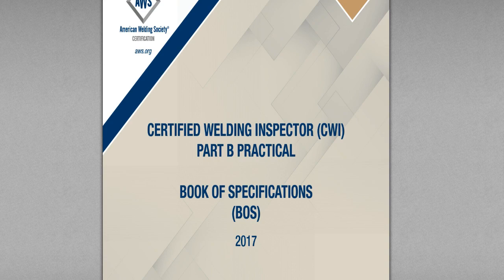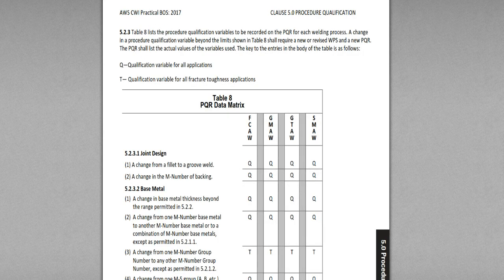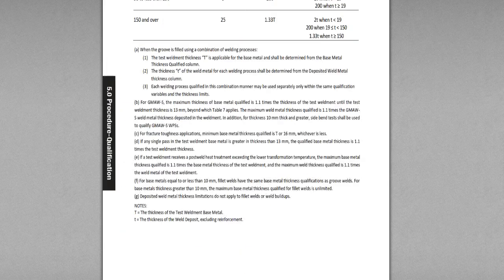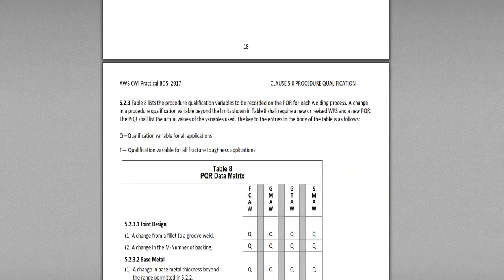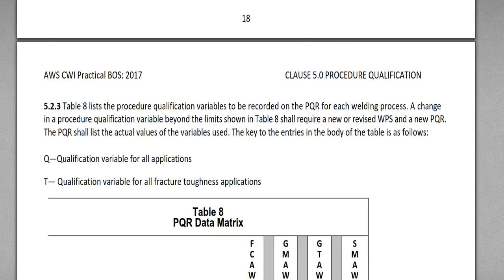Today I'm going to give a lecture about Chapter 5, and last time we stopped at Table 7. So we're going to talk about 5.2.3. 5.2.3 Table 8 lists the procedure qualification variables to be recorded on the PQR for each welding process.